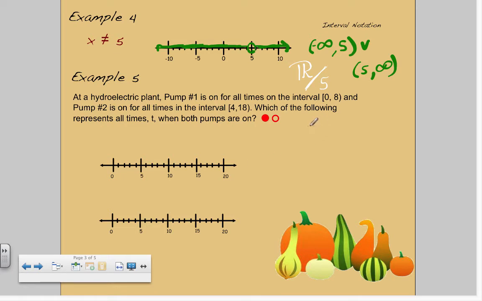You learned that closed brackets mean to include. You learned rounded brackets mean to exclude. This is really a review. That means all reals. And now this slash sign means except.